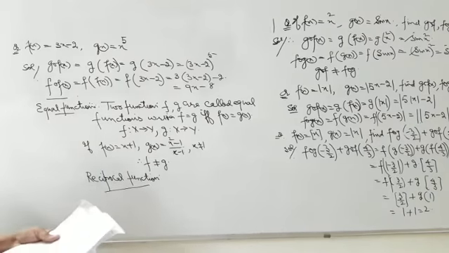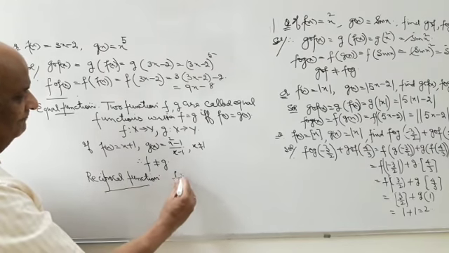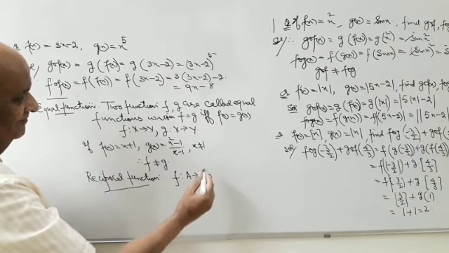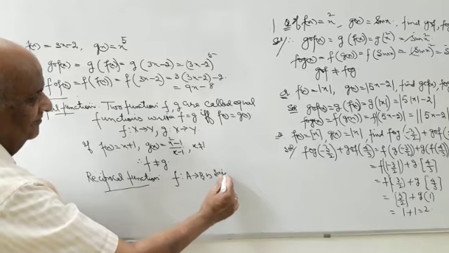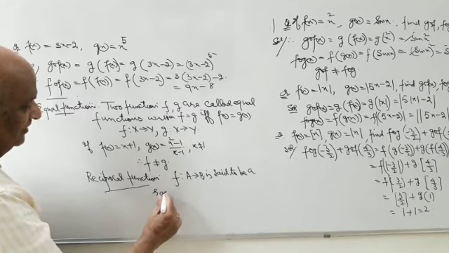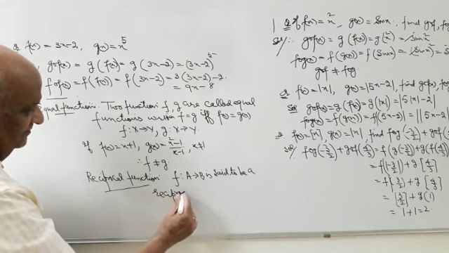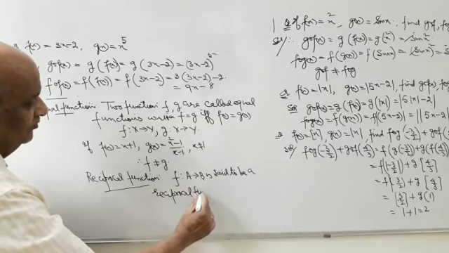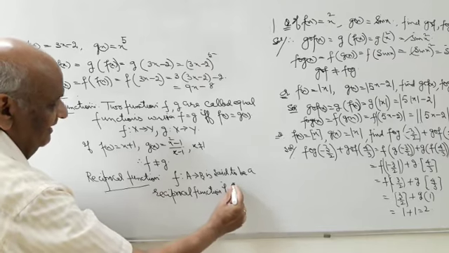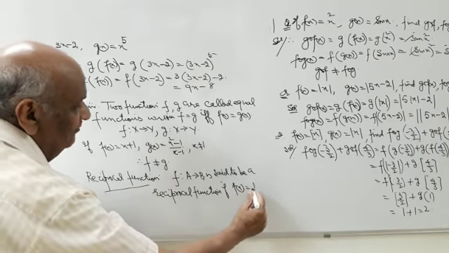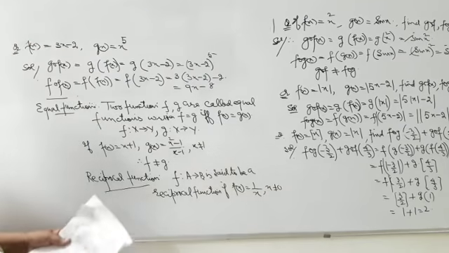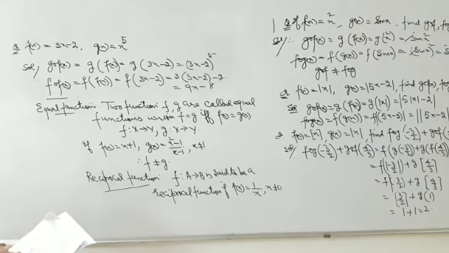See please, the function f from A to B is said to be a reciprocal function if f(x) is equal to 1 upon x, where of course x is not equal to 0. This is a reciprocal function.